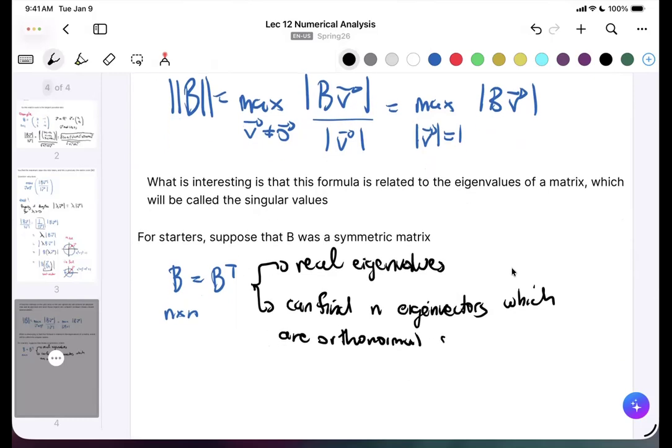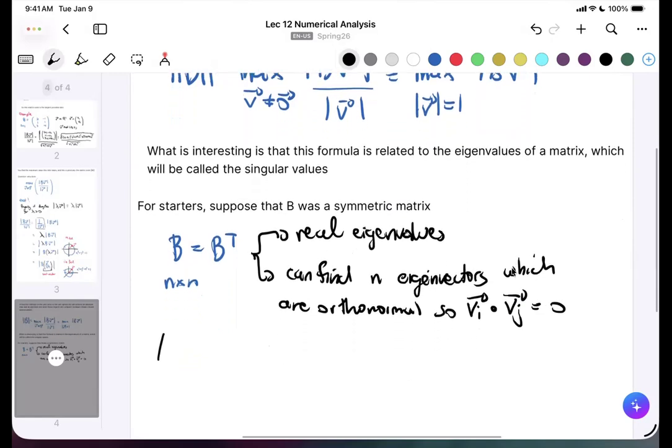Okay. So that means that their dot product is 0 if you have two eigenvectors of the matrix. Now, why is that useful? If you have seen this before, that's great. If not, I'm just going to tell you what happens. Because the vectors are an orthonormal basis, every vector can be written as a linear combination of the eigenvectors. So any vector v is a linear combination of the eigenvectors.